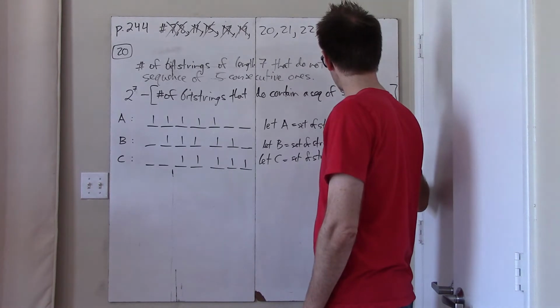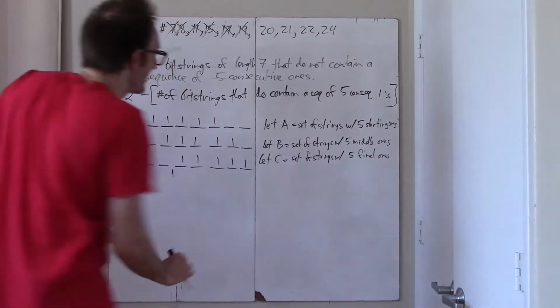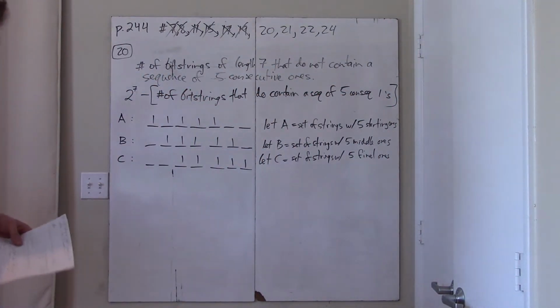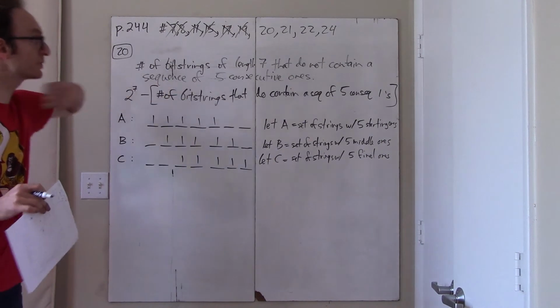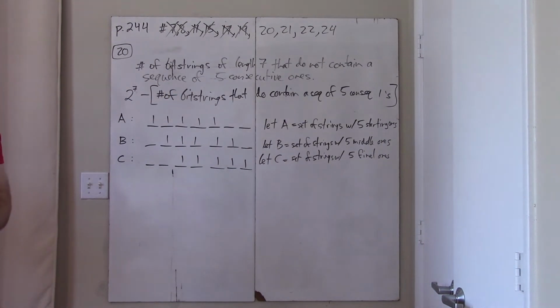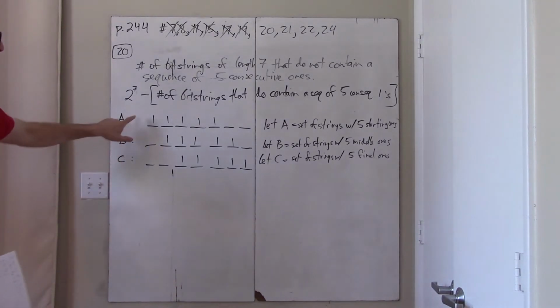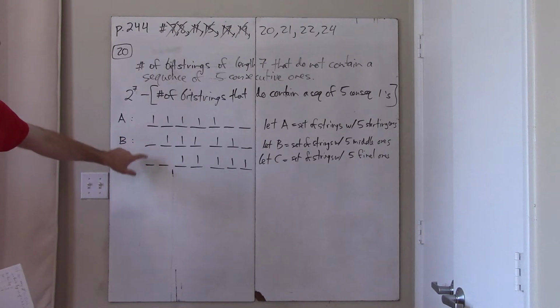It's easy to see that each of these sets is of size 4. But what are we trying to count? We're trying to find the strings of length 7 which have a sequence of 5 consecutive ones, so we want all the strings that are in this set or this set or this set.